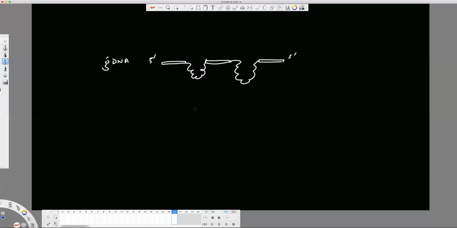And this is your cDNA. And of course, you obtain this from genomic DNA through the process of reverse transcription, right?